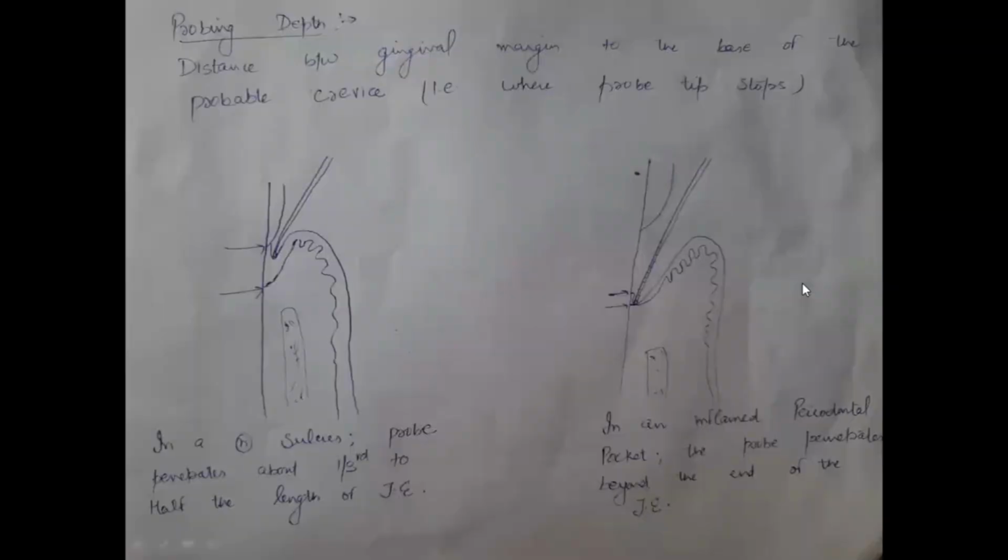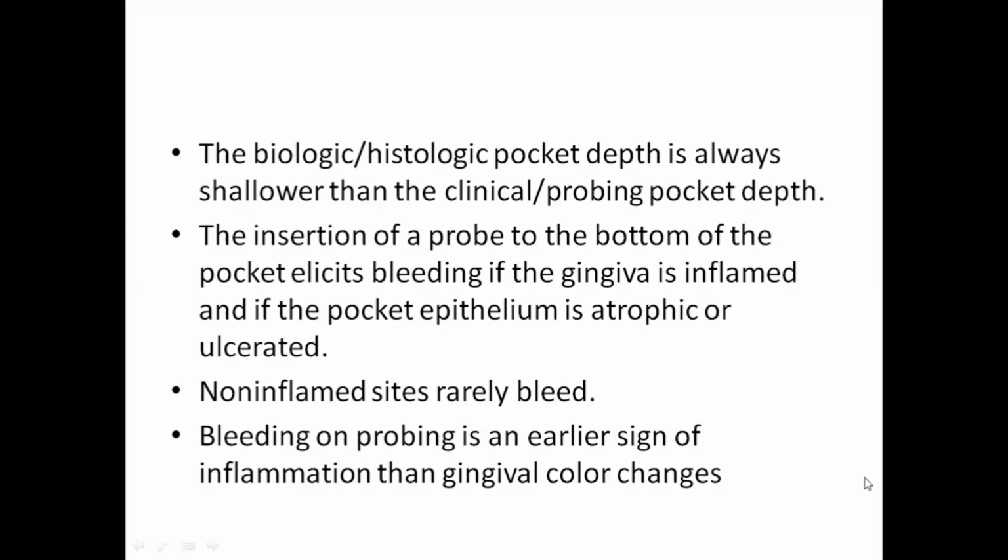Now coming to the depth up to which a probe can penetrate into a periodontal pocket, it depends upon the type of inflammation, or what is the condition of the tissues.